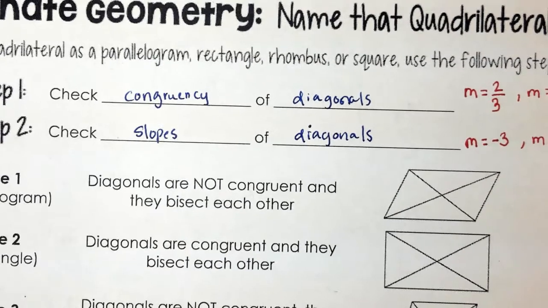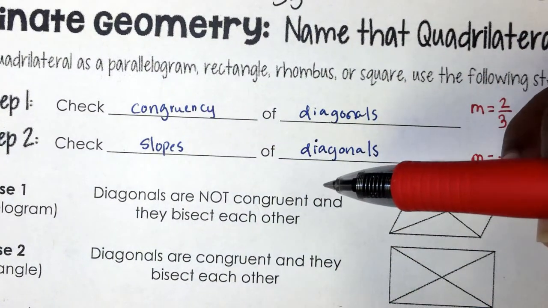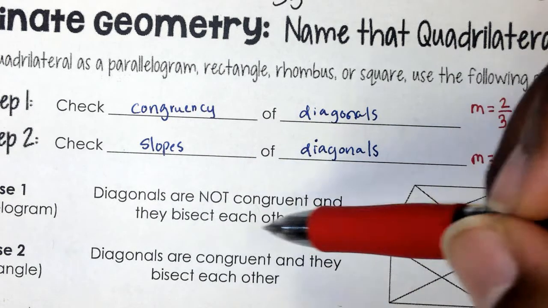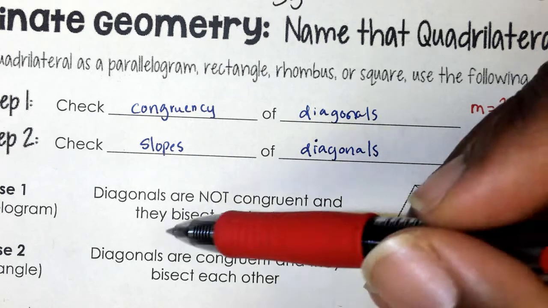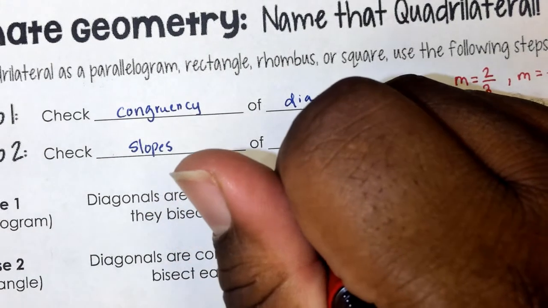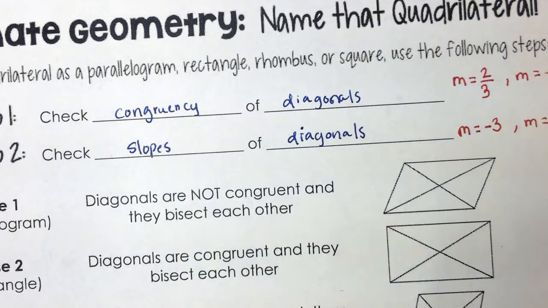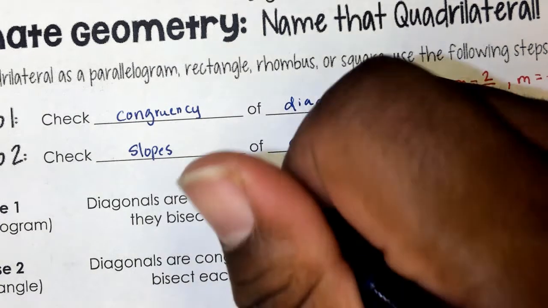For a parallelogram, the two things we're looking for: the diagonals are not congruent, and here we should edit this, but we didn't. We're not looking to prove that the diagonals bisect each other. The other part we're going to prove, we need to add this in: the diagonals are not congruent, and the diagonals should not be perpendicular either.